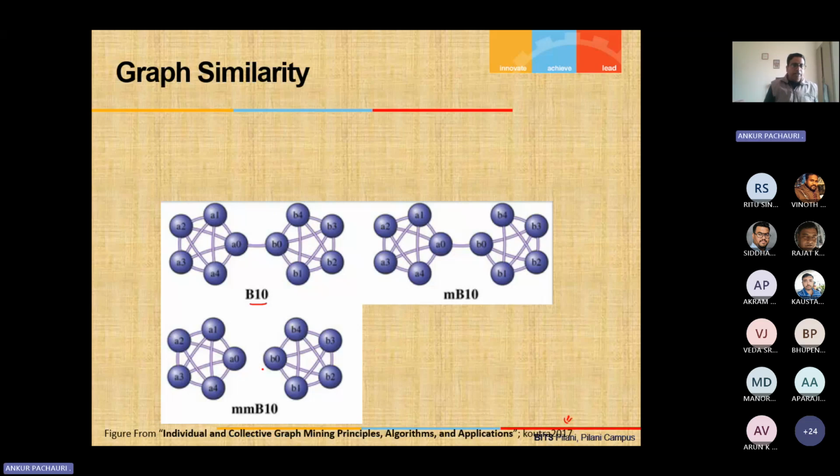There are three graphs: B10 with some connectivity, MB10 with a certain lack in connectivity, and MMB10, another subgraph of this with something missing. So MB10 is missing this edge and MMB10 is missing this edge, and the rest of the graph is the same.